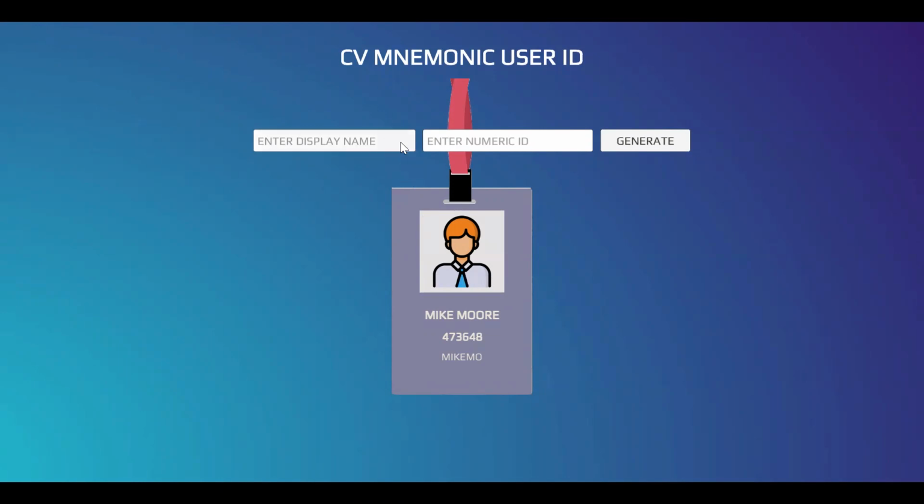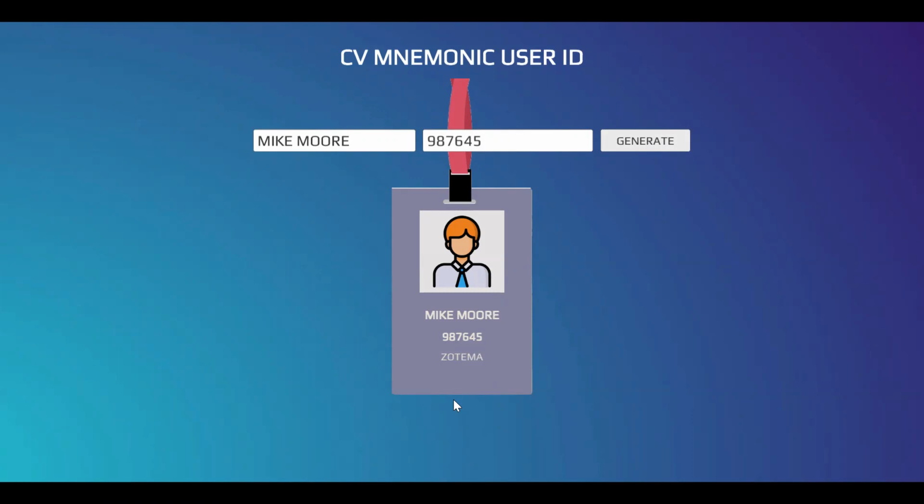What you would do is take a user, and then take that person's numeric ID. So I'll just type in a random number. And then once you generate it, you get both the number as well as the CV mnemonic. In this particular case it is ZOTEMA. And because it's more pronounceable, we expect it to be more memorable for the user.